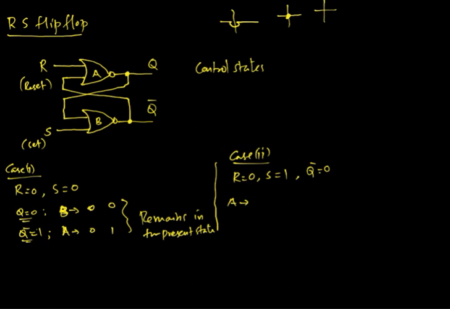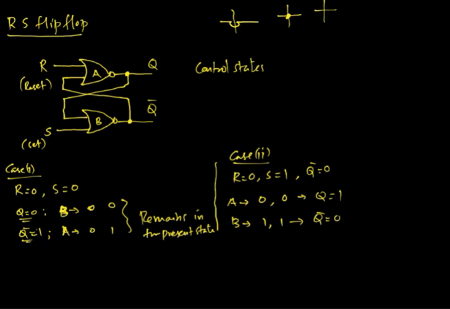So R equal to 0, Q bar equal to 0, the output Q will be 1. For NOR gate B, the inputs are S and Q. S is 1, Q is 1, which leads to Q bar equal to 0.